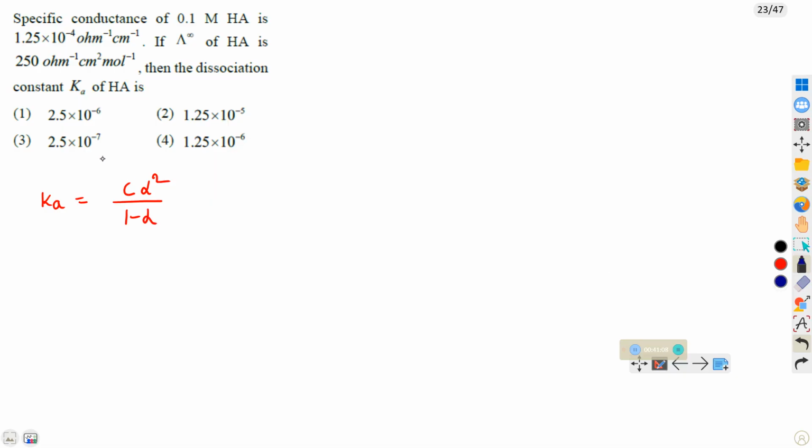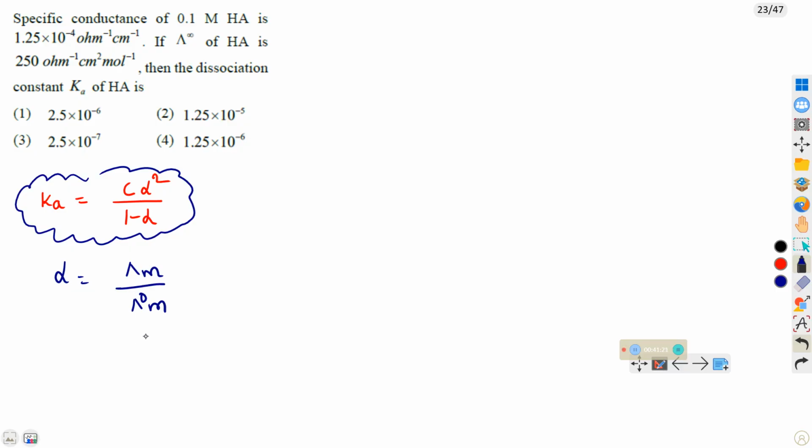Alpha value is not given. How to calculate alpha value? Alpha is equal to the formula lambda m by lambda naught m. Which value is given? Lambda naught m value is given. Lambda naught m value is 250 ohm inverse centimeter square mole inverse. So first calculate lambda m value.